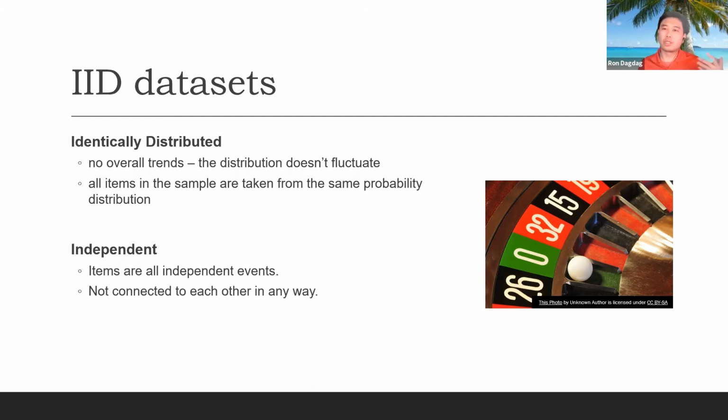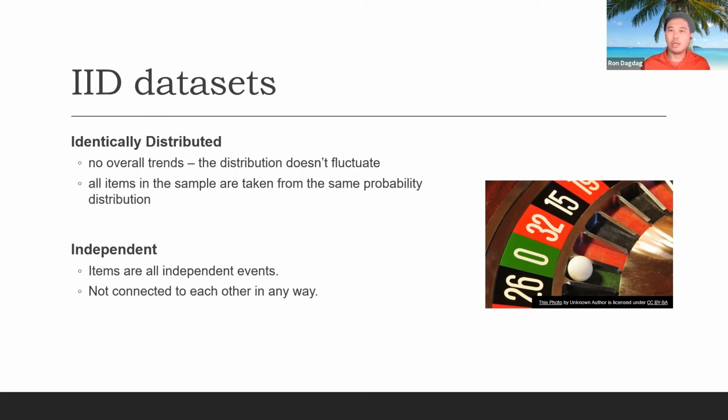One of the requirements in order to process it for anomaly detection is that the overall trends do not fluctuate, and they all belong to the same probability distribution. Meaning, a good example of that is the roulette right here on the right side, every time you throw that ball, it's identically distributed.